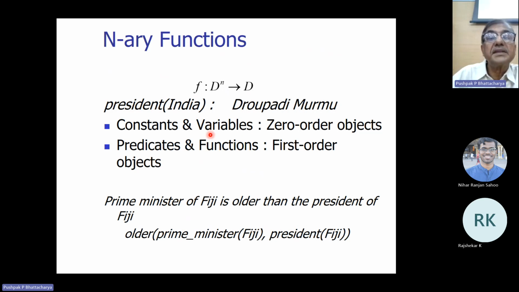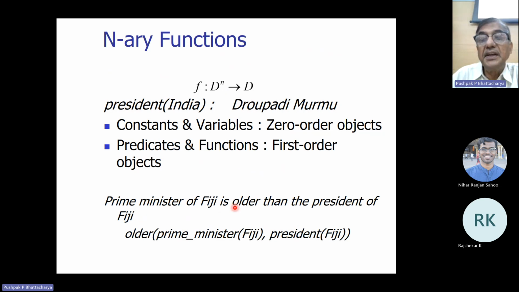Now predicates are higher order functions. The constants and variables are called zero order objects. Predicates and functions are called first order objects. Okay, because they operate on zero order objects and give rise to zero order objects again. So that's why they are called first order objects.